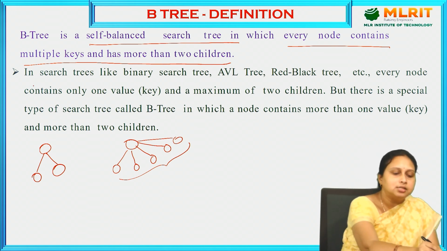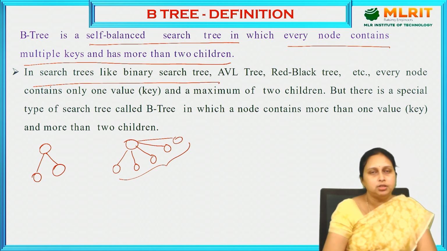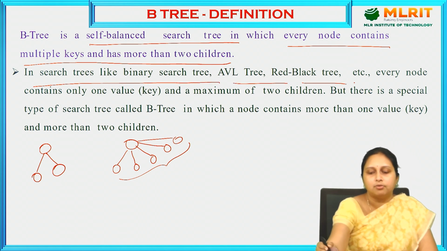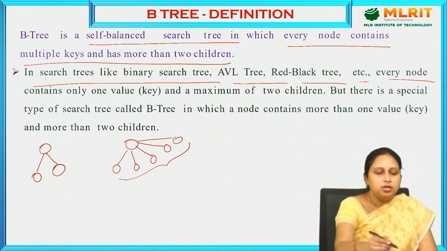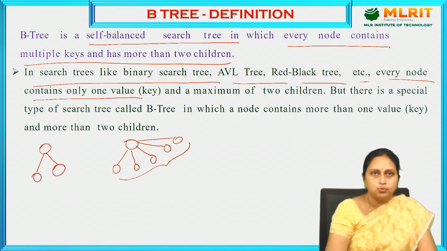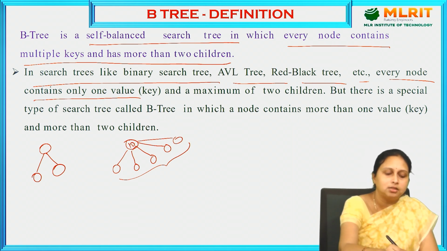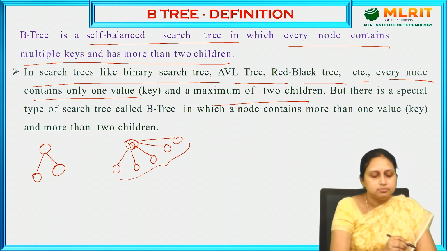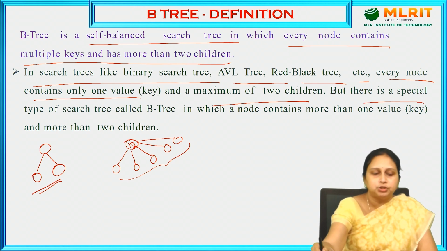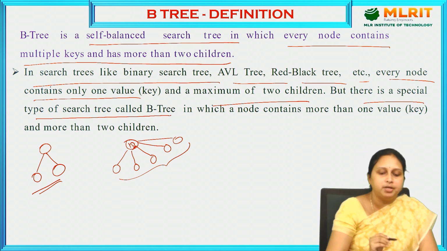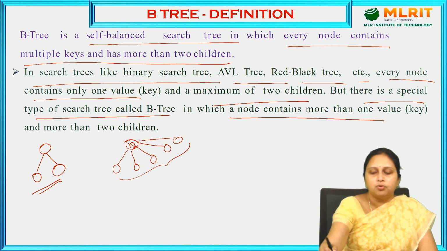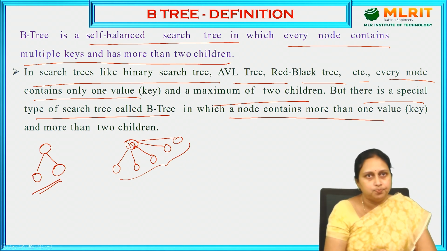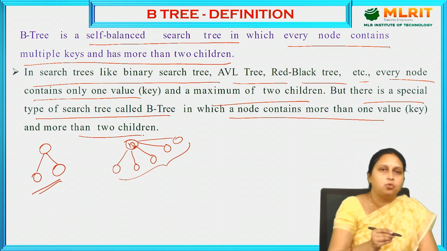And in search trees like binary search tree, AVL trees, red-black trees, etc., every node contains only one value. One value is nothing but whatever you are representing here. This is nothing but the key. And a maximum of 2 children, as we have seen like this. But there is a special type of search tree called a B tree in which every node contains more than one value and more than 2 children also.